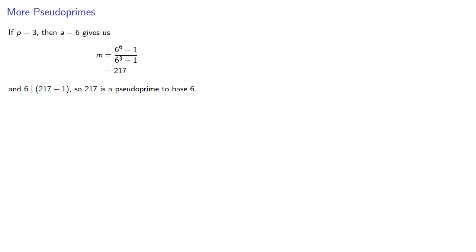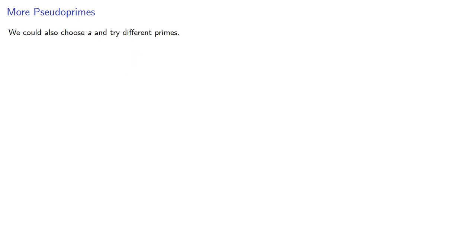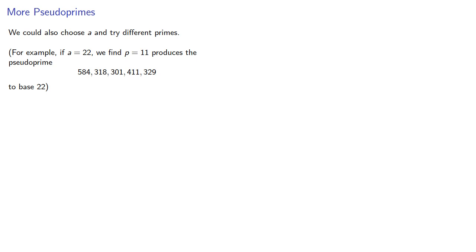And we'll go ahead and verify 6 to the power 216 is in fact 1 mod 217. And we'll also note that 217 factors, so it's not actually prime. We could also choose a and try different primes, but our numbers get very big very quickly. For example, if a equals 22, we go through our list of primes and we find p equals 11 produces the pseudoprime to base 22.